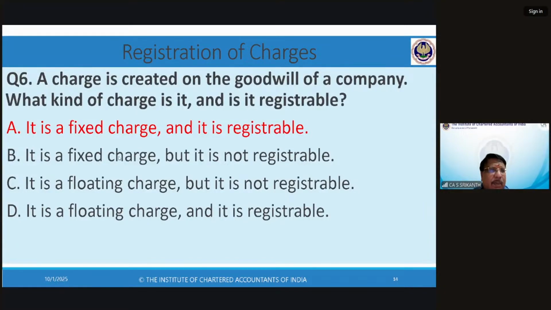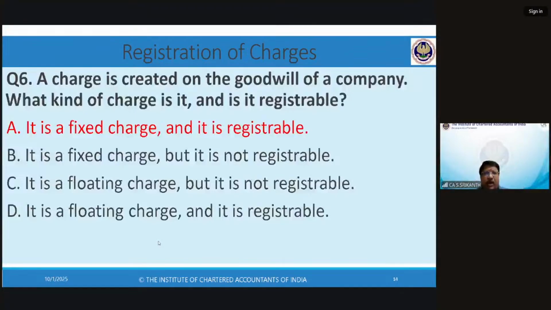But I find people have given A. Anilji, you have given A many times. Some of you have given D, thinking that it is a floating charge.